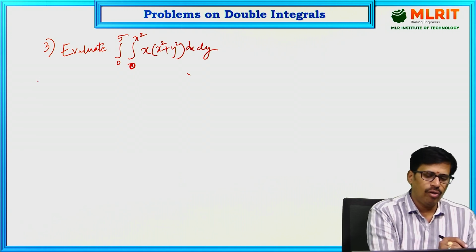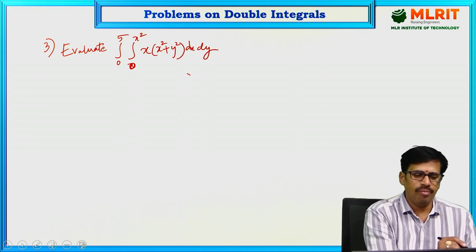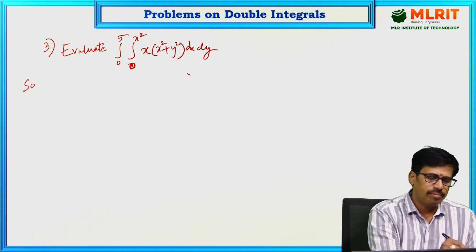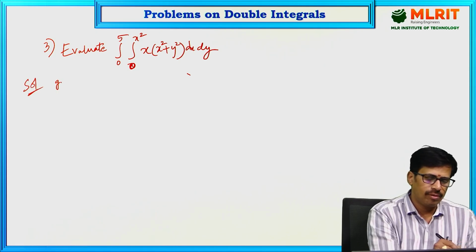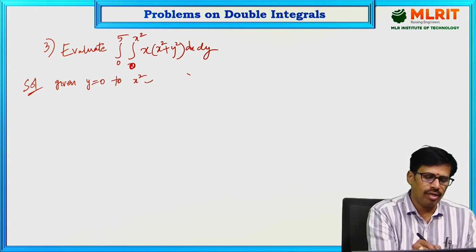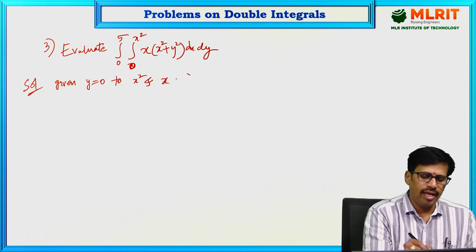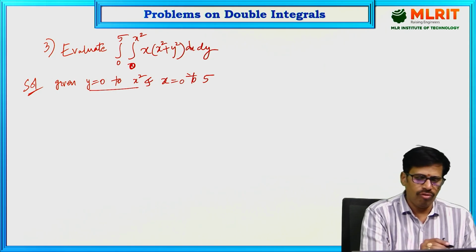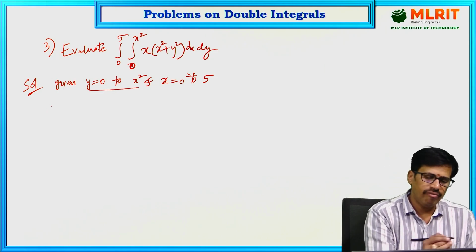So first write down what the x limits and y limits are. Here y is in terms of x, so y varies from 0 to x square and x varies from 0 to 5. Since y is in terms of x, we integrate first with respect to y, then with respect to x.